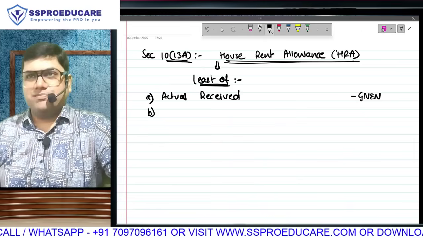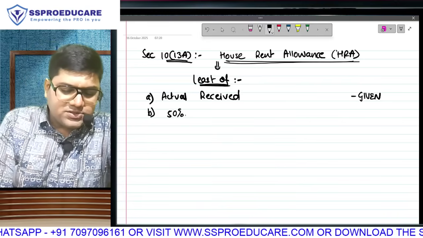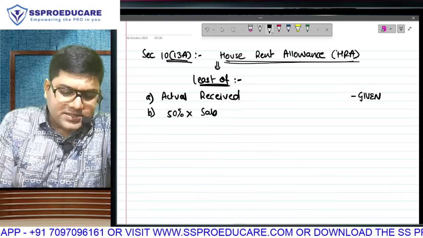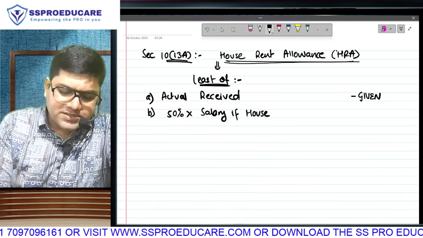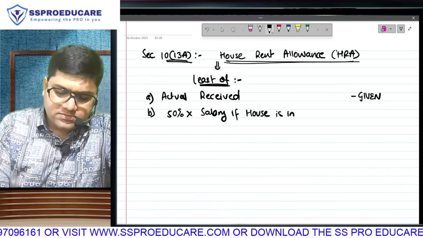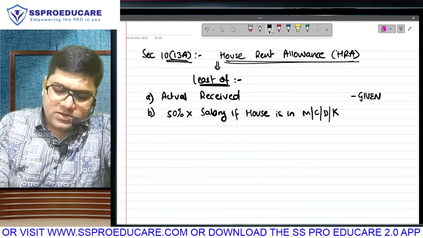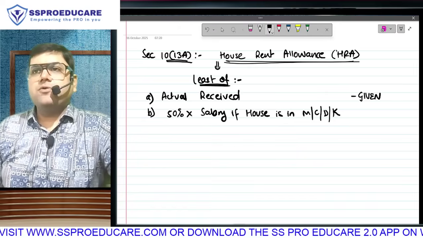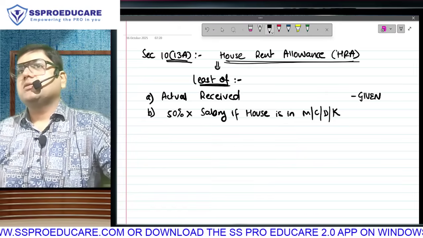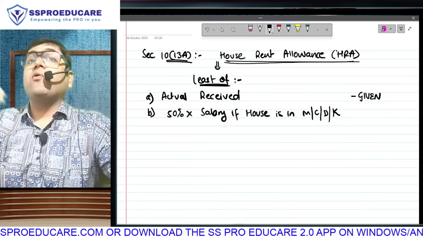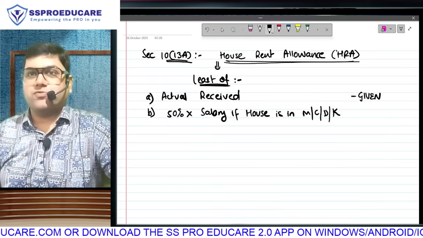According to the income tax lawmakers, they believe that whenever your house is in big cities, metro cities, Mumbai, Chennai, Delhi, Kolkata, you will have more expenditure for rental purposes, and thus the calculation is going to be 50% of salary.